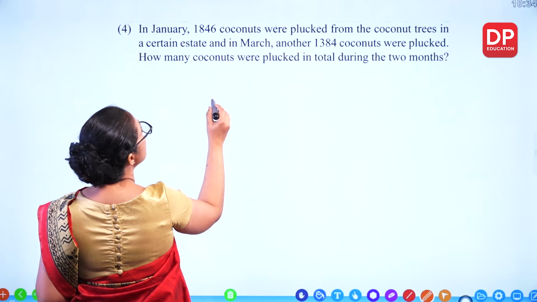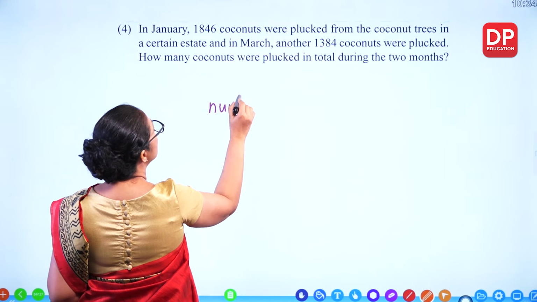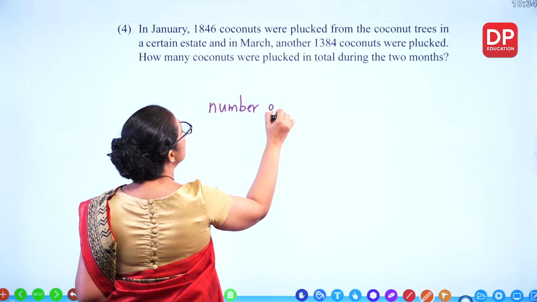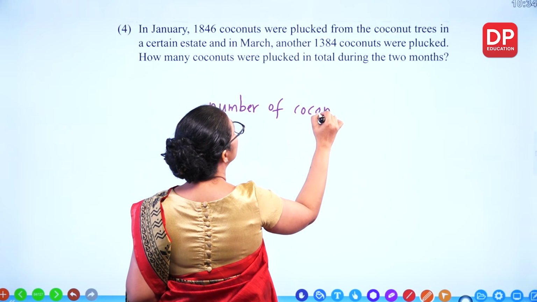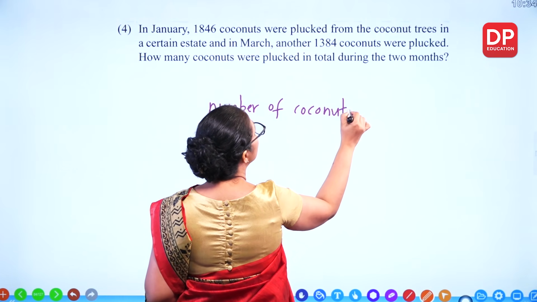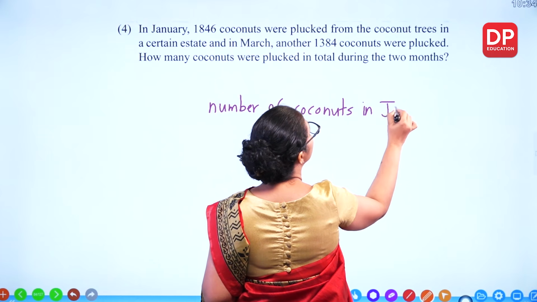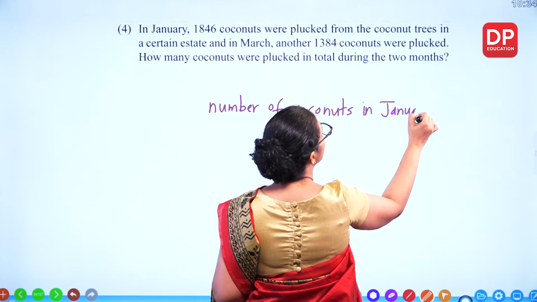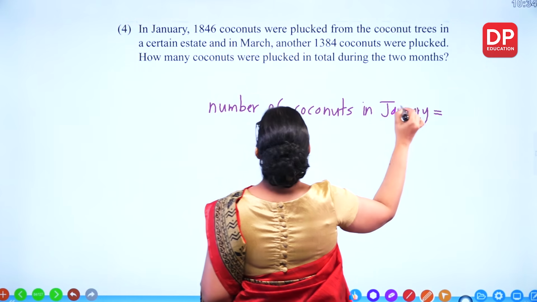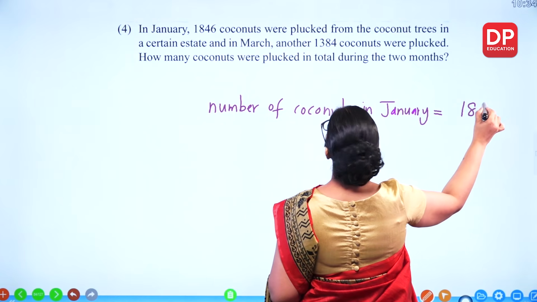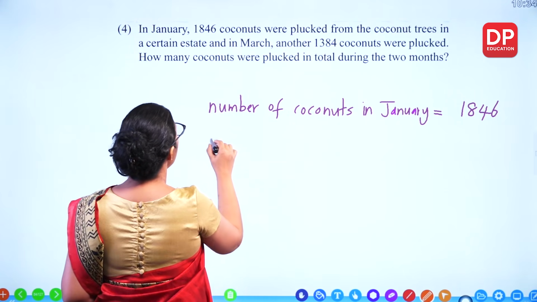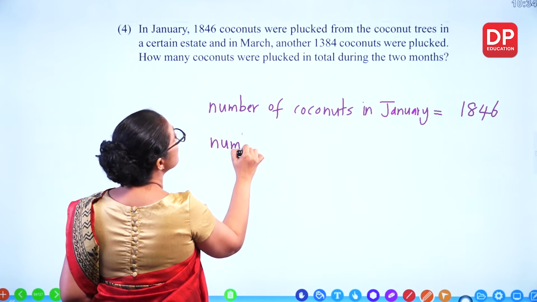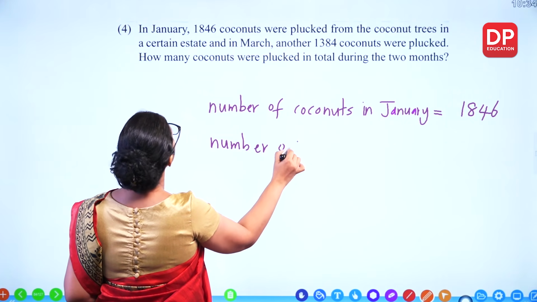So January, number of coconuts in January. That's 1,846. Number of coconuts in March.